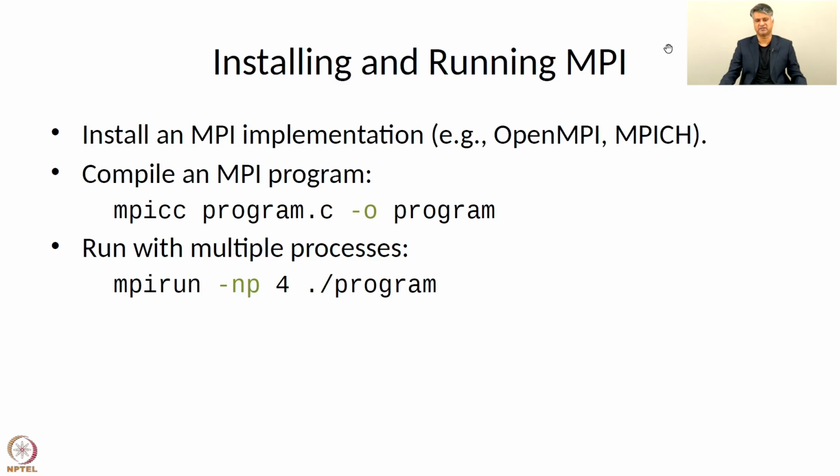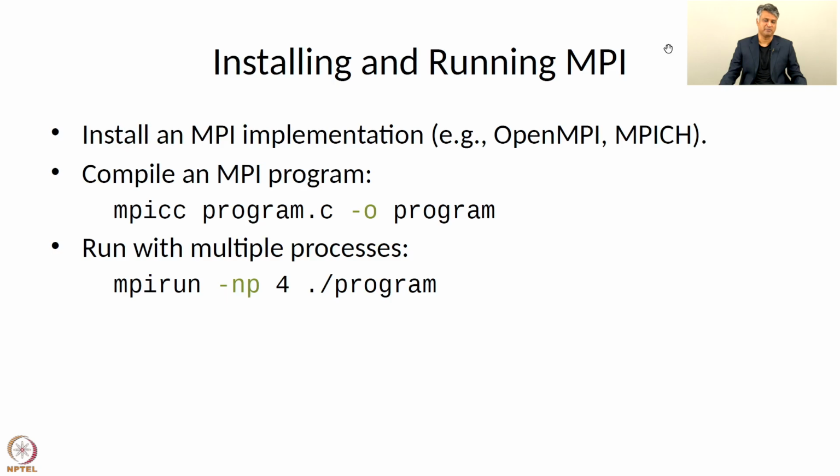So think of it as a layer which sits on top of your existing compiler. When an MPI function is called by the program, the appropriate library function is called for doing the requisite message passing. So in this case, we are compiling program.c and putting it into an output file called program.